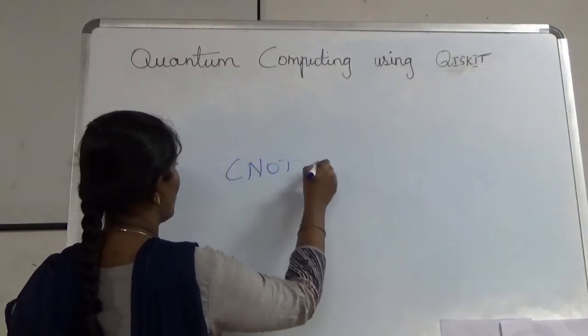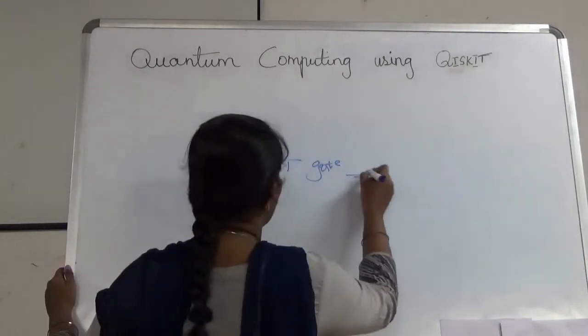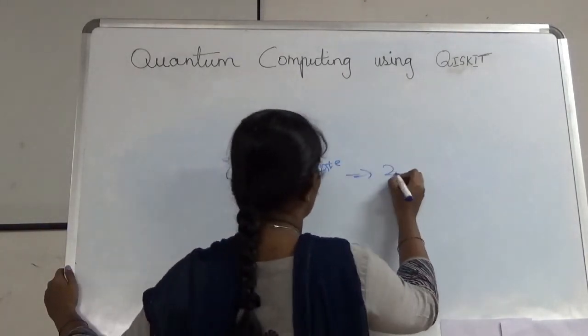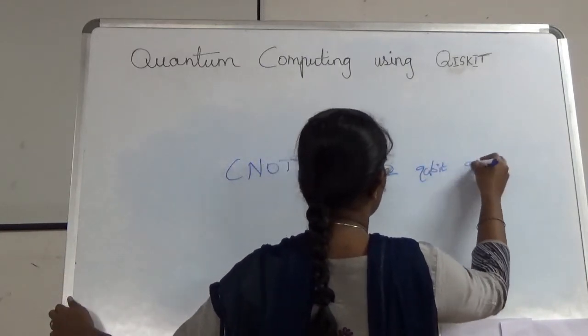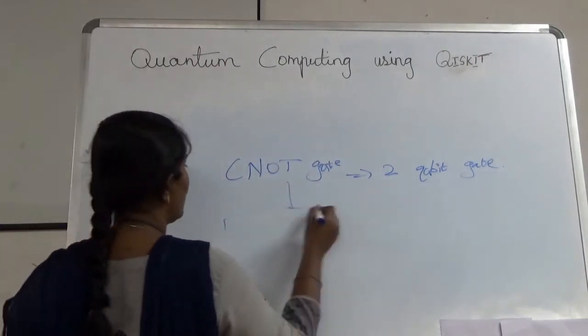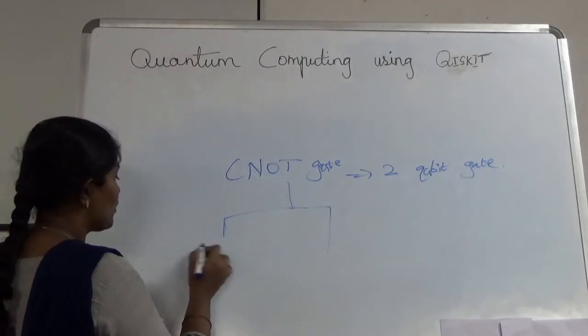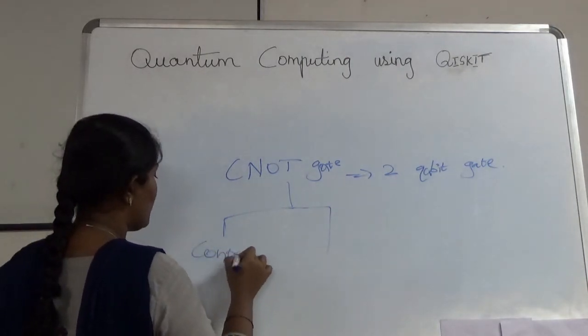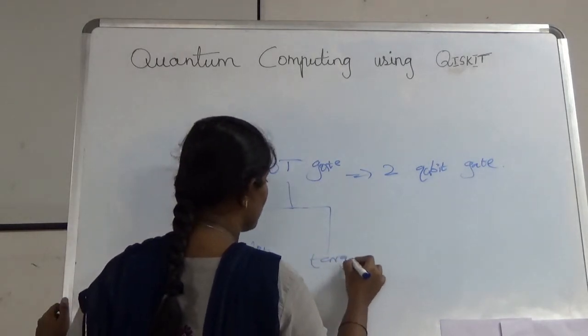Another one is the C naught gate, which handles more than one qubit, a 2 qubit gate. The C naught gate splits the qubits into two bits, control bit and target bit.